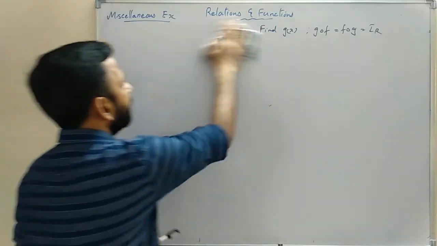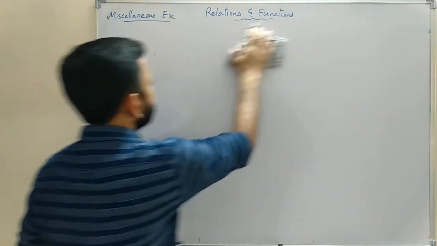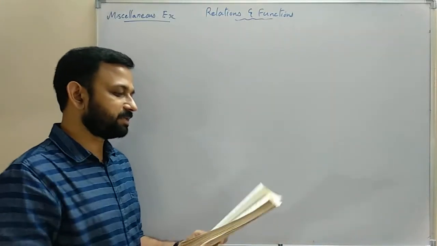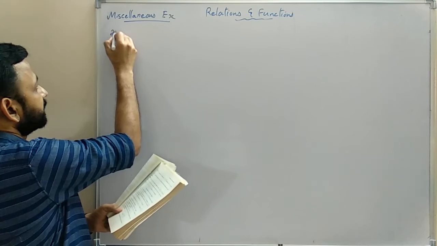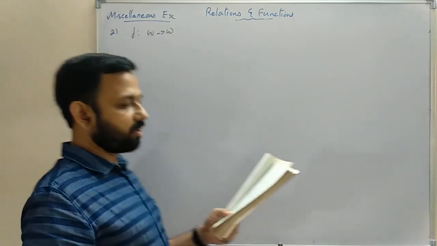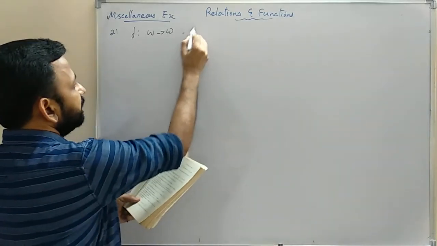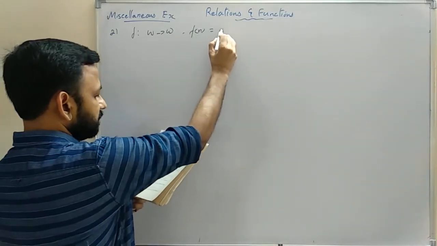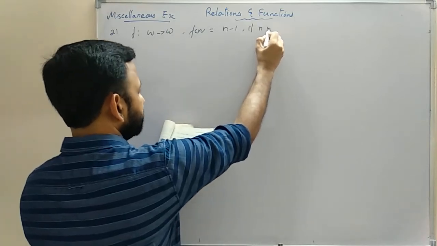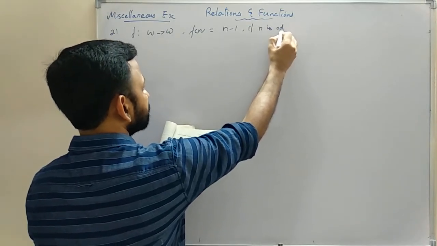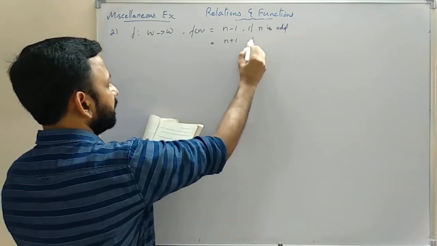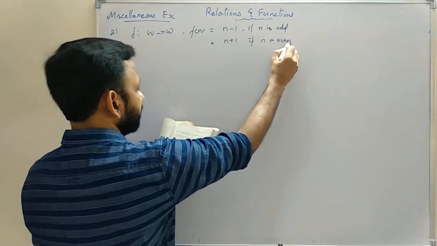Question number 2. f is a function from W to W, the set of whole numbers, defined by f of n is equal to n minus 1 if n is odd, and equal to n plus 1 if n is an even number.